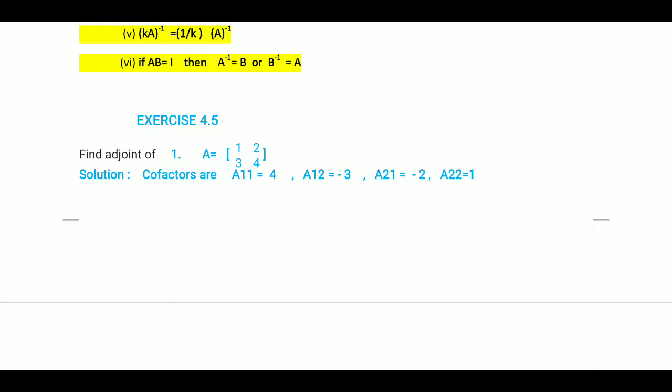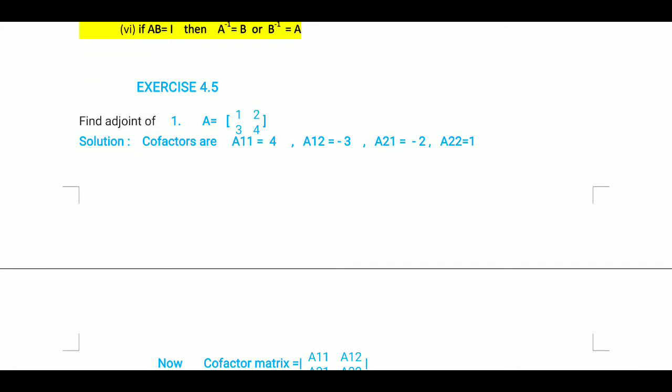Cofactor has -1 power i plus j, means -1 power 1 plus 2 into minor M12. The minor M12 is obtained by removing the row and column in which the element lies. So we get -3. The minus is from -1 power 1 plus 2 and 3 is from its minor.